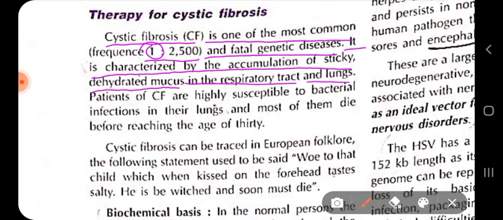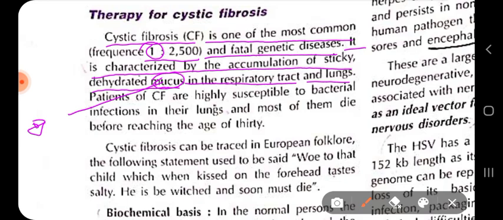So patients suffering from cystic fibrosis have a sticky dehydrated mucus within their lungs. Mucus is actually, in Hindi, balgam. Now this mucus gets accumulated within the respiratory tract and lungs.